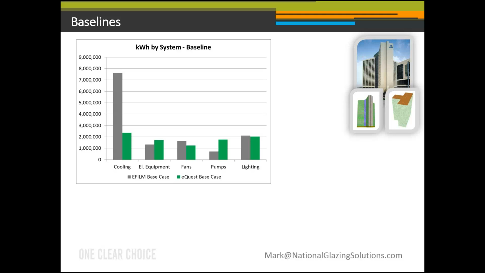We can't accept such a large difference between the models in cooling consumption. We've not yet said that eQuest is right. This large difference in cooling consumption for the baseline case, that is the building as it is without film, says only that although these simulations could both be wrong, they're different enough that they can't both be right.